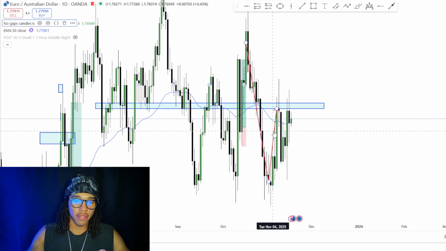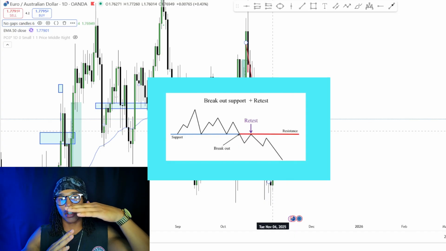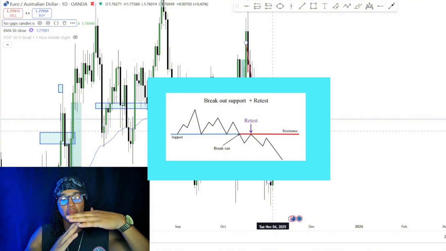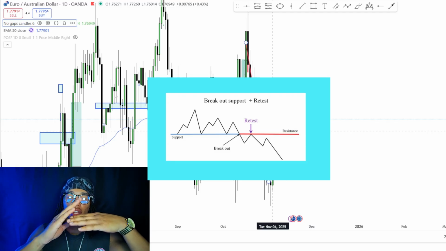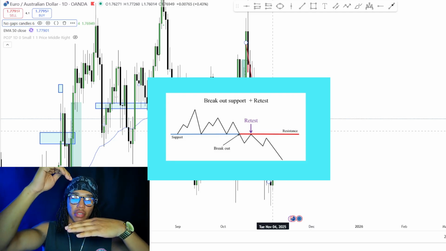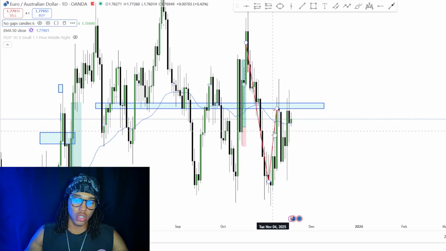So a support level, a resistance level, they can be used both ways. Say a seller is coming in, we're looking for sells, and we hit a resistance level, but the sellers don't come into the market, and then we break through that level. Now we're looking for a retracement back into that level again to then be looking for buys. So we broke the area, now we're coming back to retest it, and then now we sell.